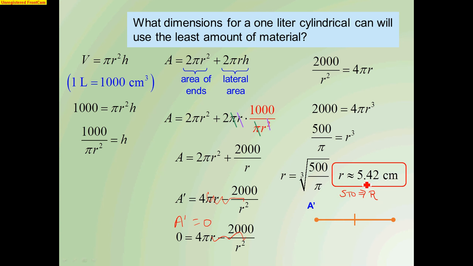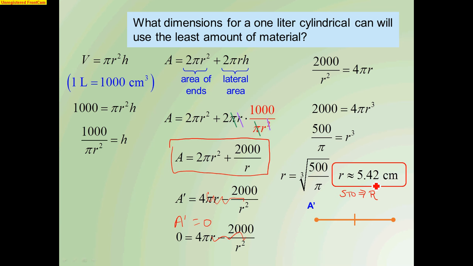So what do I do? I go to my number line at this point, A prime. Since I'm assuming I do have my calculator, I didn't even need to find the derivative rule. I just put the area formula in, had the calculator graph the derivative, and found 5.42 blah blah blah by finding the x-intercept.